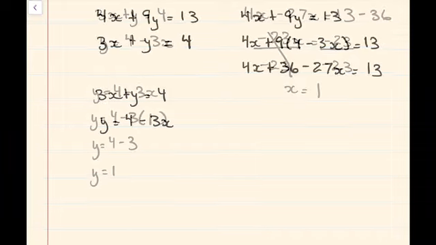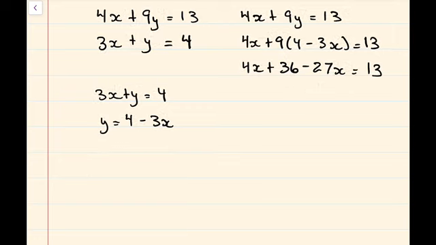it's correct. Okay, so now all we have to do is solve for x. Now let's get 4x minus 27x, and once we take over this 36 that's over here and it's adding, we're going to take it over and subtract it. So it'll be minus 36.